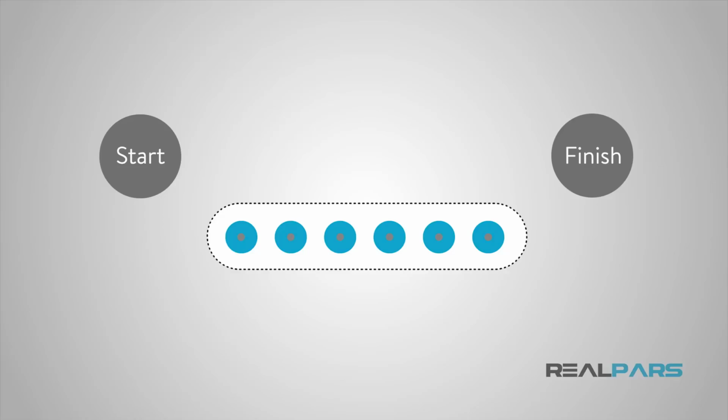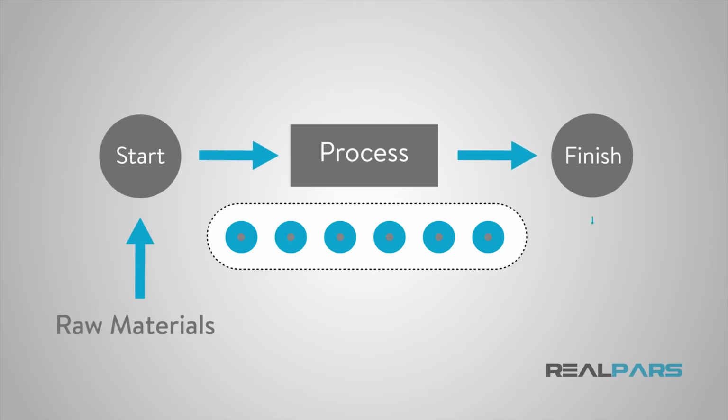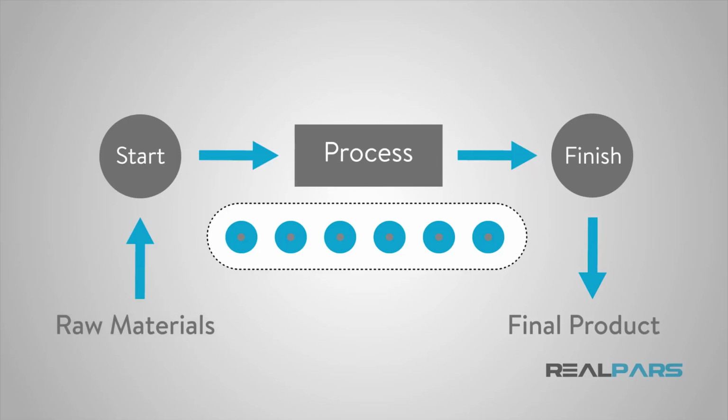Between the start and finish lines, there's a process that turns the raw materials into that final finished product. So here, I have a process. The raw materials can be considered as the input for this process, and the final product can be considered as the output, or as the final outcome.